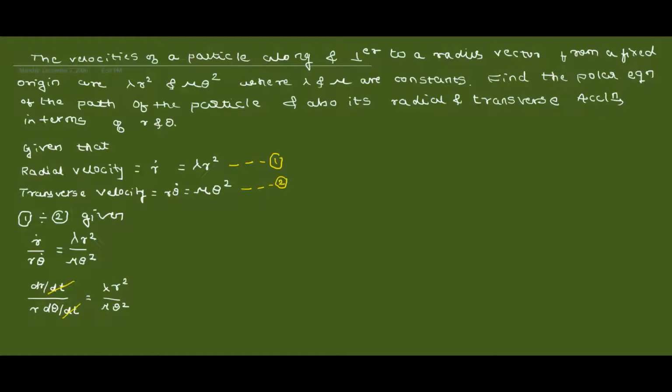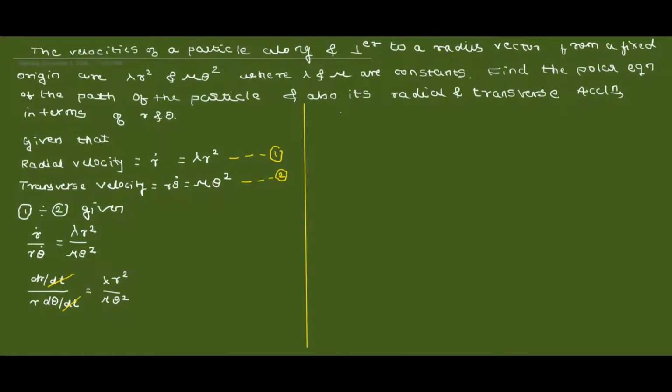Then write down the remaining terms. So this is equal to 1 divided by r into dr divided by d theta is equal to lambda r square divided by mu into theta square.